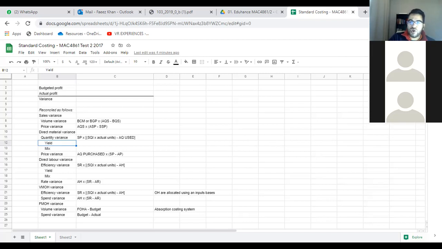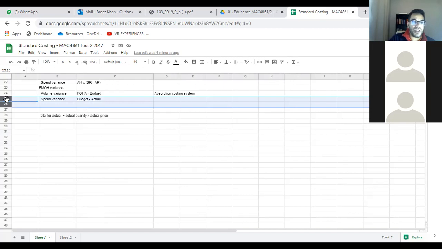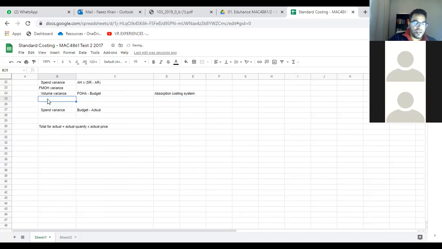Lastly, for fixed manufacturing overheads, the volume variance can also be broken down into a capacity variance and into an efficiency variance.